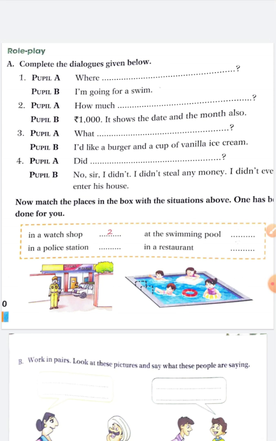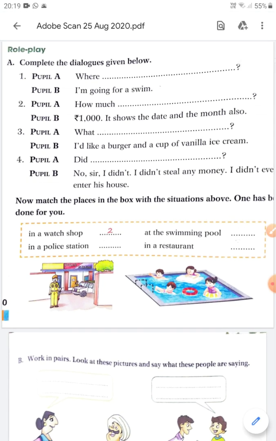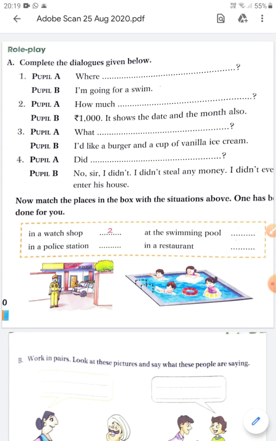Pupil B is saying, no sir, I didn't steal any money. I didn't even enter his house. So pupil A, what do you think pupil A must be saying? Did you steal his money? So if somebody asks you, did you do this?